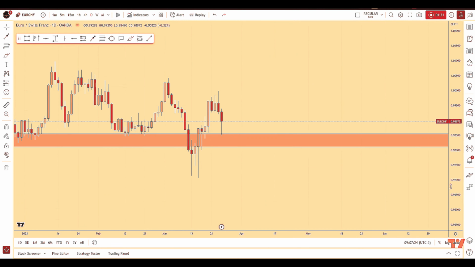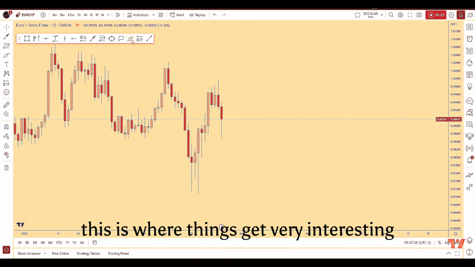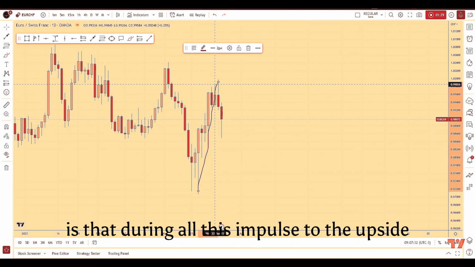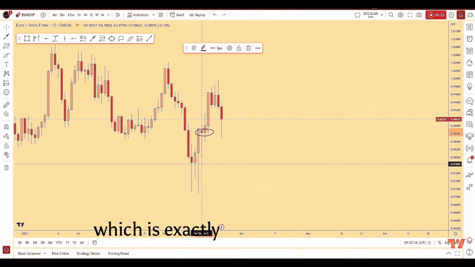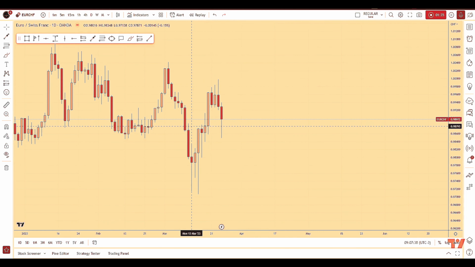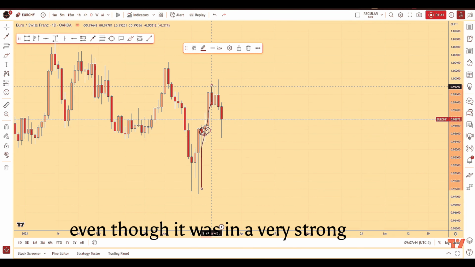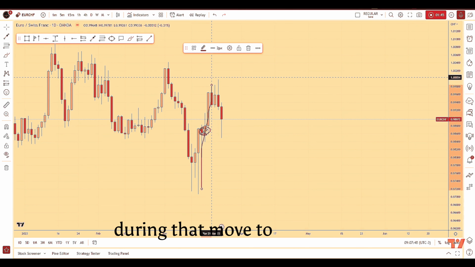Dropping down on the daily, what do we see? Now here on the daily, this is where things get very interesting. In fact, what we can notice is that during all this impulse to the upside, there is one candle not related to the move, which is exactly this red candle here, which shows that at this area, the market found resistance, even though it had very strong bullish momentum during that move to the upside.